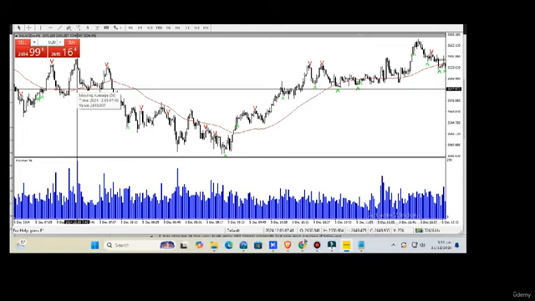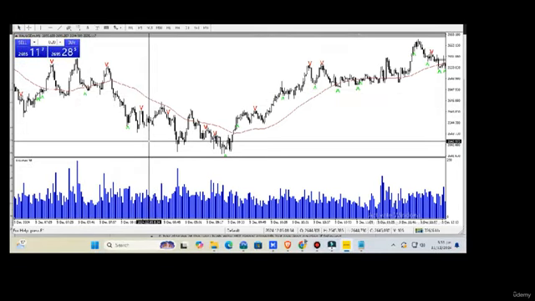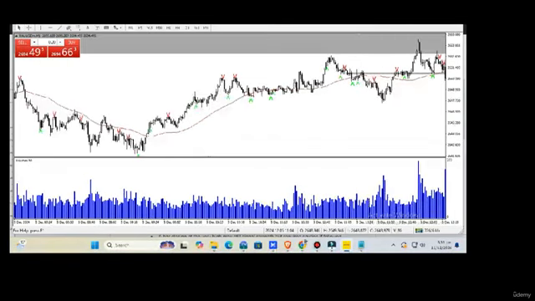Not every engulfing is good to enter a trade. We have to use our volumes, accumulation, distribution, and all those things, and then we can get a good strategy. Let's move into the next video, where I will explain the thrusts and other stuff.